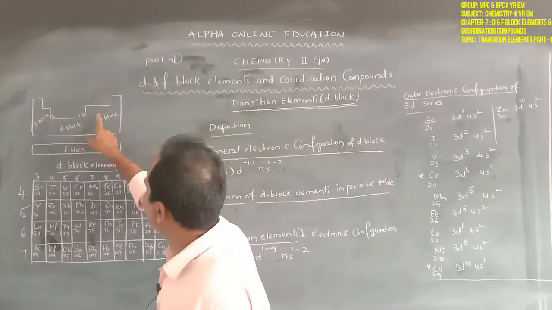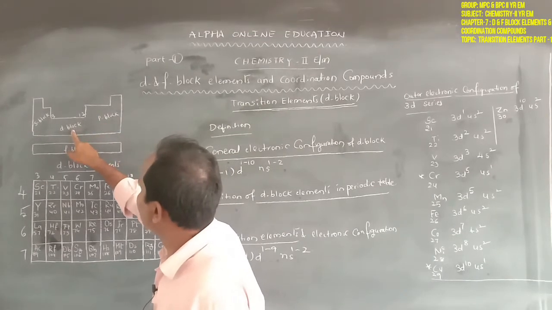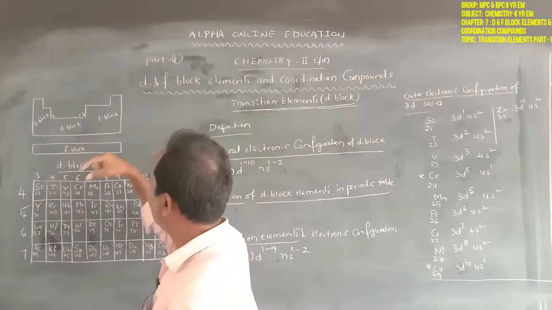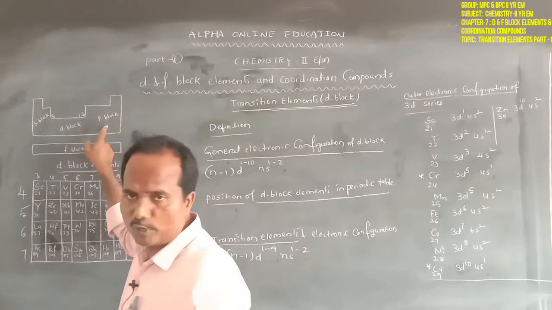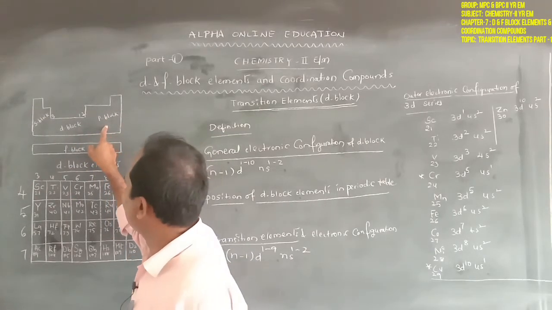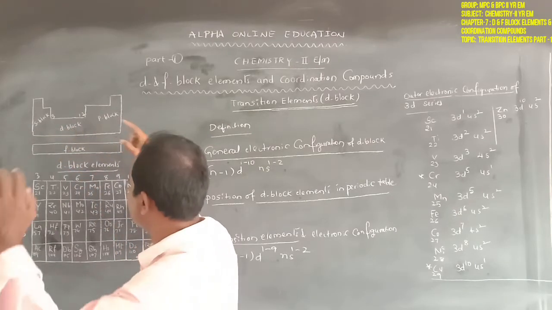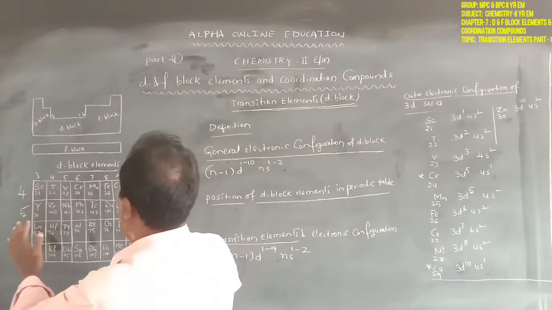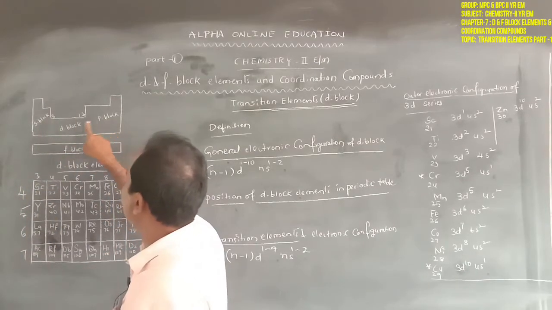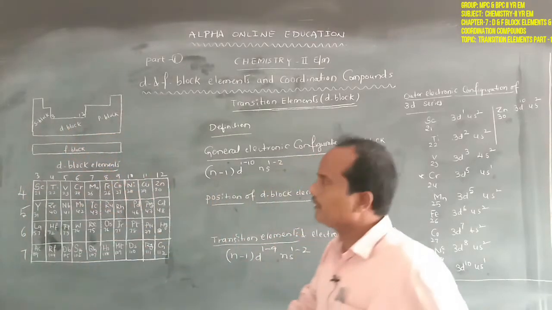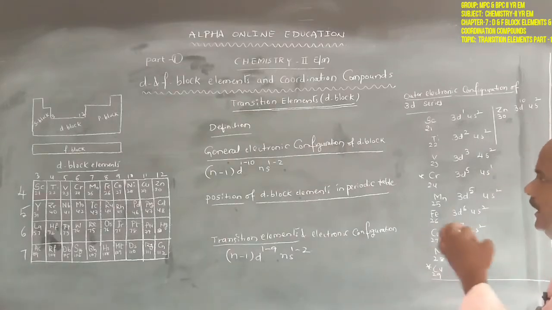But when compared with p block elements, d block elements are highly electropositive. When compared with s block, d block elements are less electropositive. Due to this reason, their properties are in between s and p. That's why these d block elements are considered transition elements.